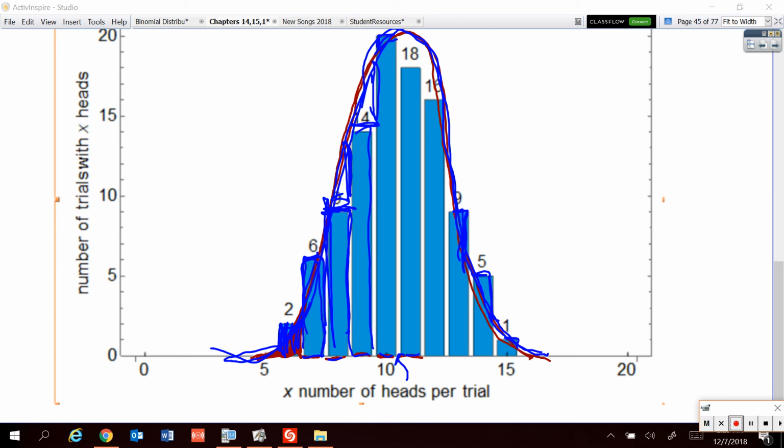These bars represent that, for example here, 18 people of the sample had 11 heads out of their 20. And here, 5 people out of the sample had 10, 11, 12, 13, 14 heads out of their 20 trials.